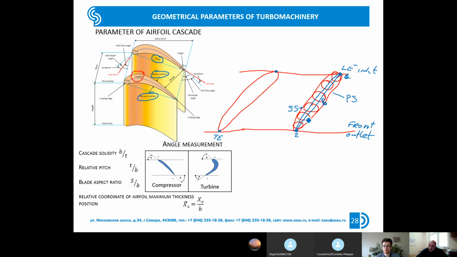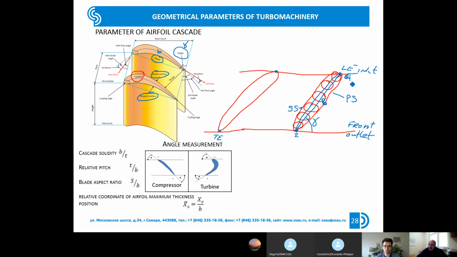The angle between the chord and the front in the Russian turbomachinery school is designated by the Greek letter gamma. This is the stagger angle, this one. This is gamma, this is b. Very often we use the term axial chord.